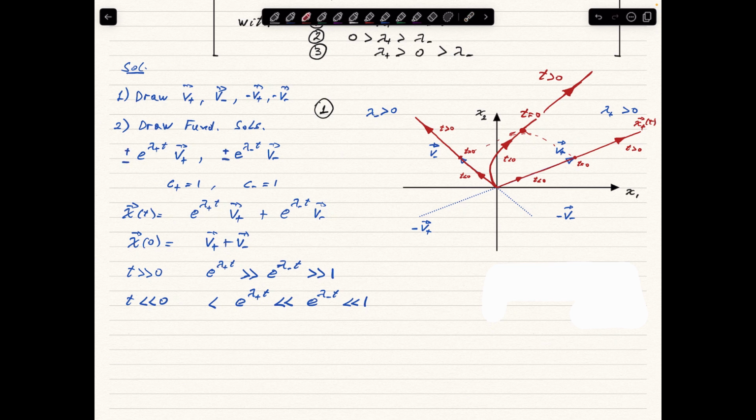The negative of the first fundamental solution is going to be this solution here, going away from the origin. This is solution number 4. Solution number 5 could be this solution, again going away from the origin.